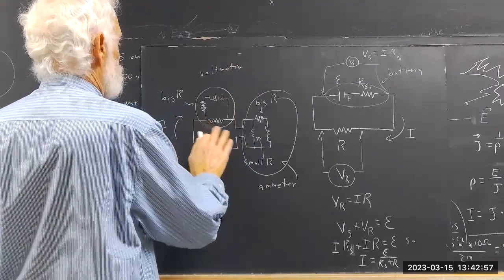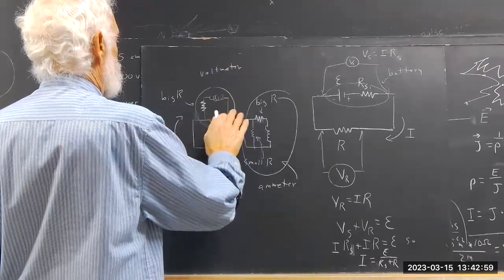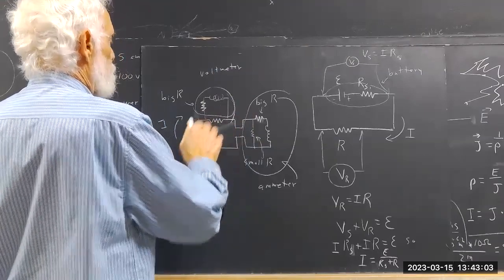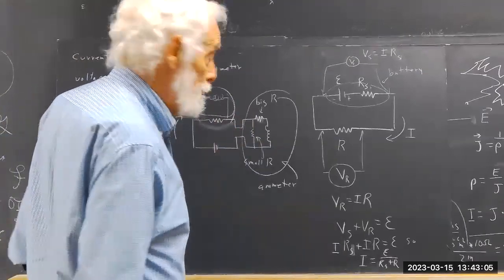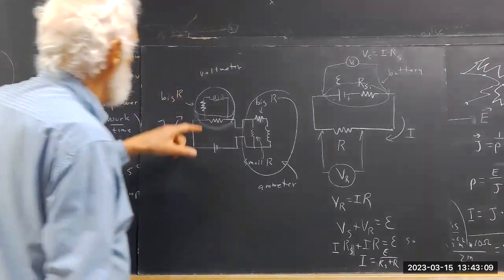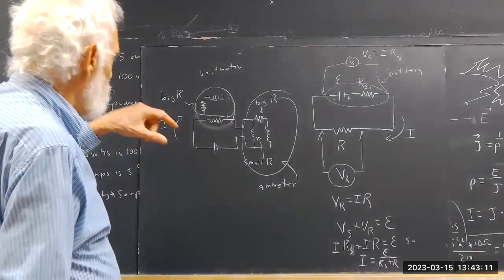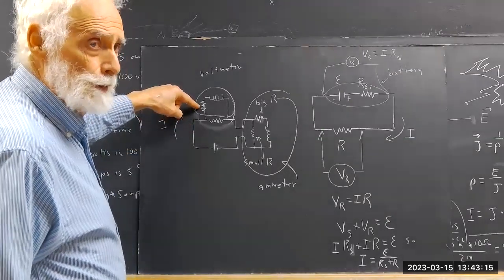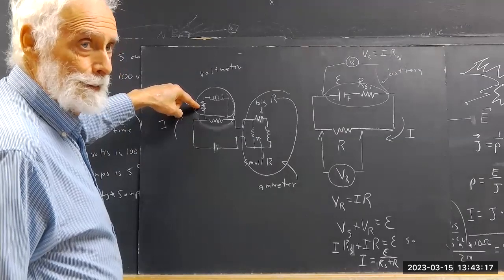Here's your voltmeter, and this resistance is the resistance of the circuit across which you're measuring the voltage. If I put this in series with the circuit, then I've introduced this huge resistance and it kills your circuit.